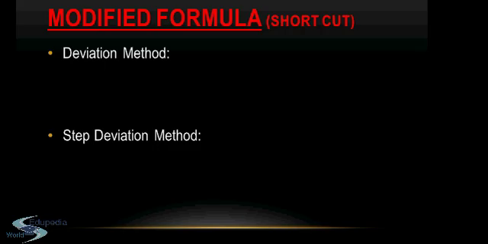Before we proceed any further, let's recall the formula which we had seen previously to find the standard deviation. We first took up the formula based on the raw data, and then we took up the formula for frequency distribution.